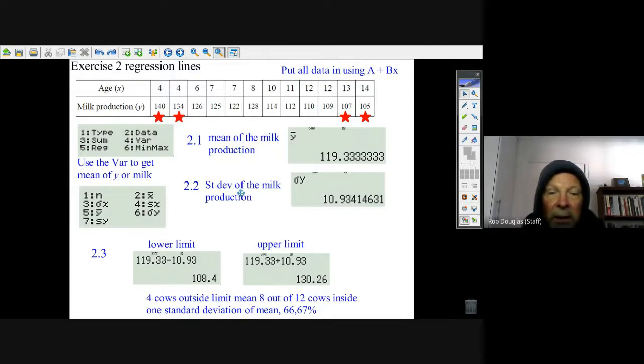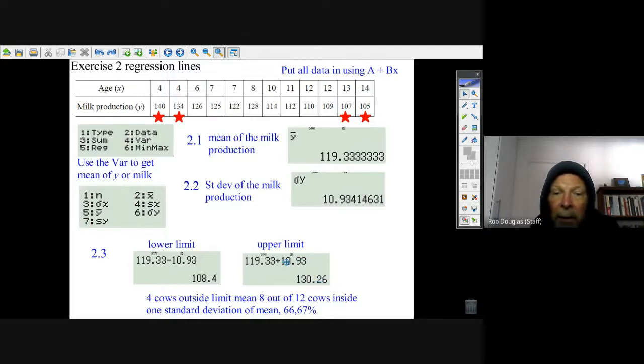Now, the next question is, what percentage of cows have milk production that's within one standard deviation of the mean? Well, within one standard deviation, all you do is you take the mean and you add a standard deviation and you get a number. So 119 plus the 10.93, I get 130.26.